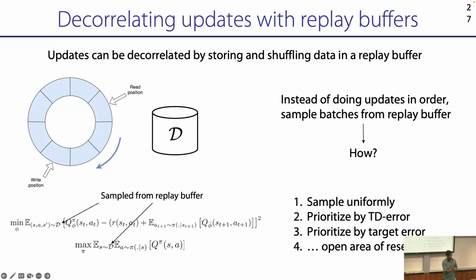Now your policy and your Q function end up in a part of the space that is completely not reflective of everything else, so it's trash, intuitively. Also your supervised learning problem is not IID anymore, you're not sampling IID data, so it's not as stable.